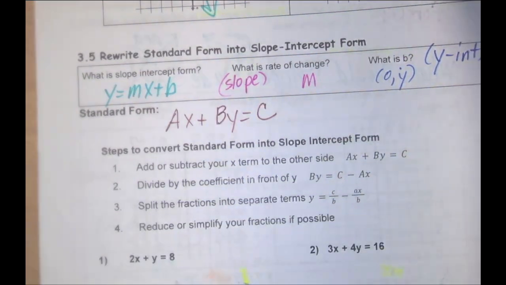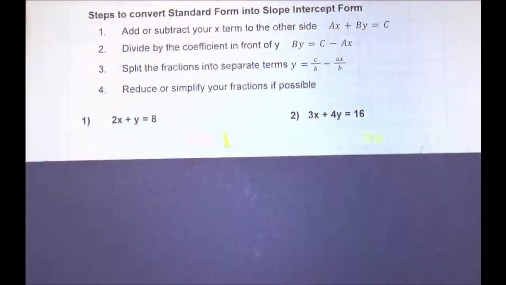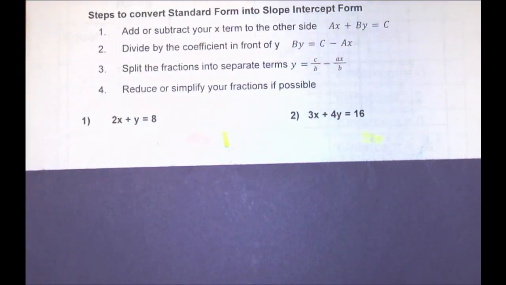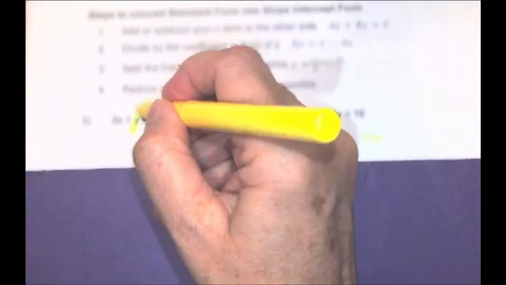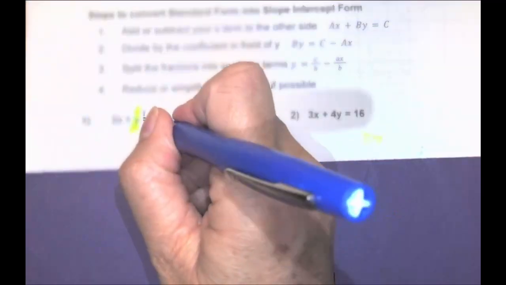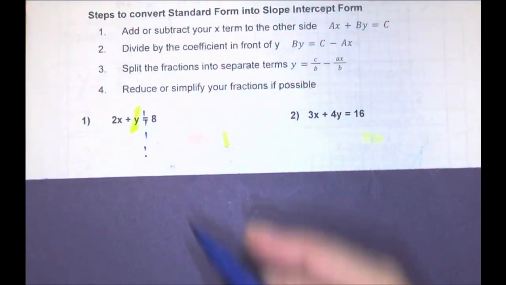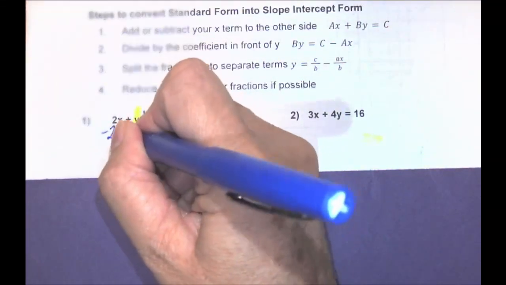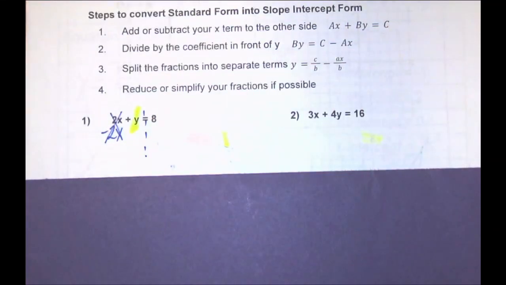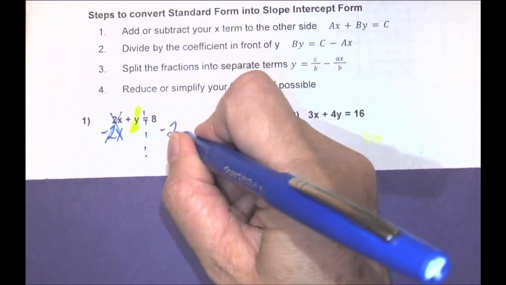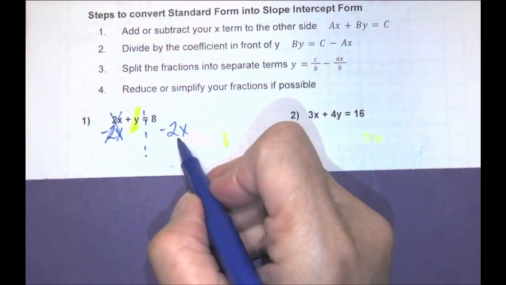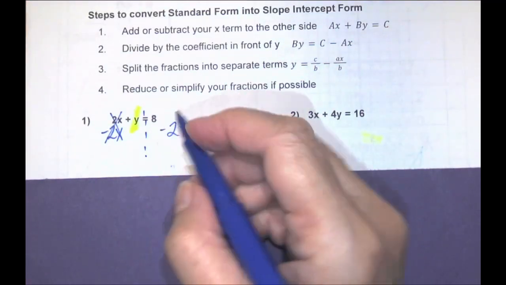So let's do an example. Let's look at this one. This is going to be a 1-step one. This will be nice. I want y alone on this side of the equal sign. So the first thing I do is get rid of the x's. So I get rid of the whole x term, minus 2x. Can you really take an x from a constant?